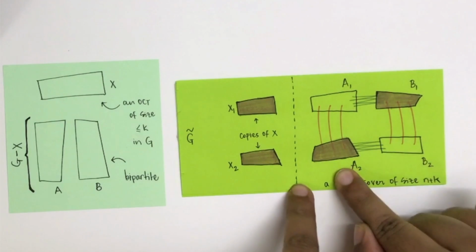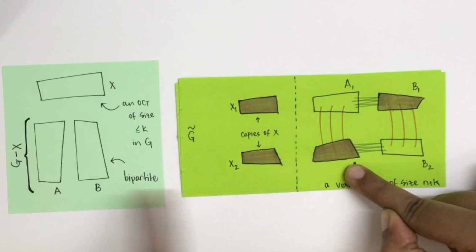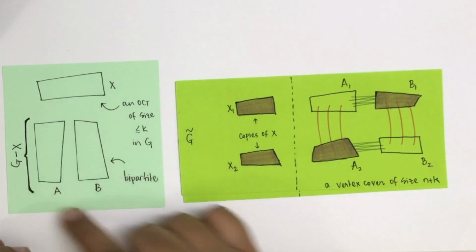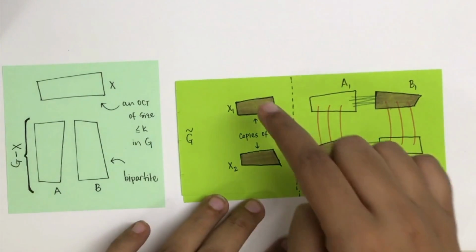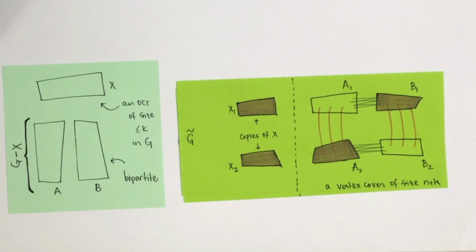And we are picking one copy of A from here and one copy of B from here. So that's essentially the same number of vertices as we have in A union B, but A union B is essentially n minus k vertices. So the total number of vertices here is k plus n minus k, which is essentially, one of those k's cancel. So the total size of this highlighted subset, which is a vertex cover, is in fact n plus k.